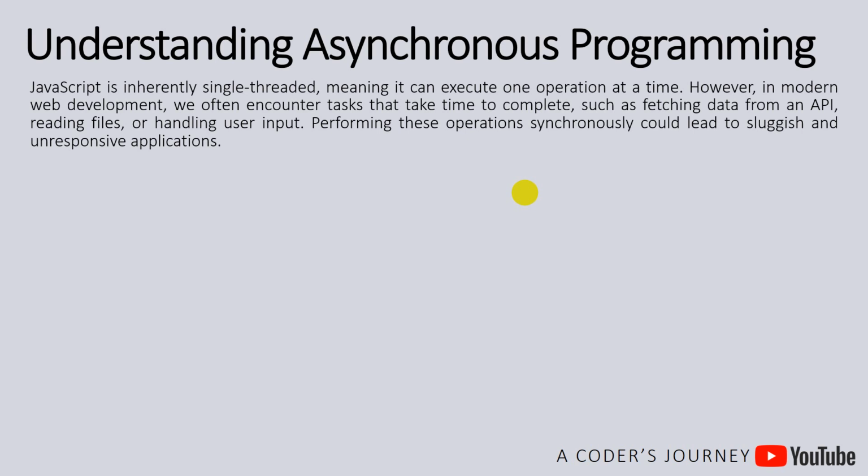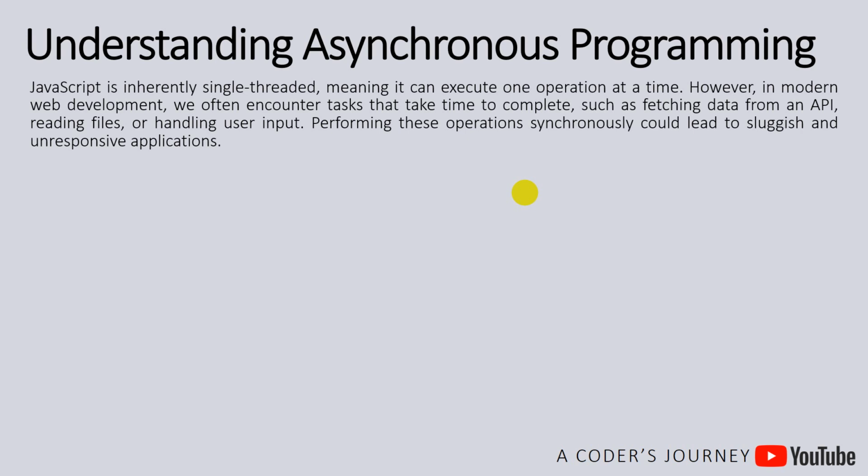When you perform these operations synchronously, it can make your application unresponsive or even sluggish and slow. And of course, the user experience of your application will suffer, and chances are that users get angry or mad at you because of the code that you have written. So in these scenarios, writing asynchronous code is very important.